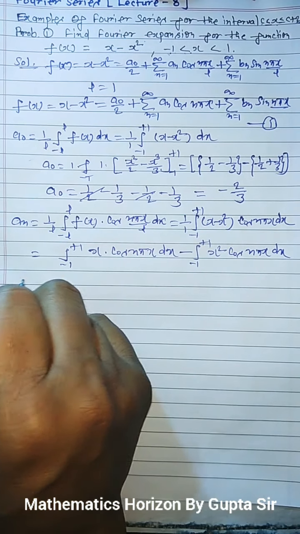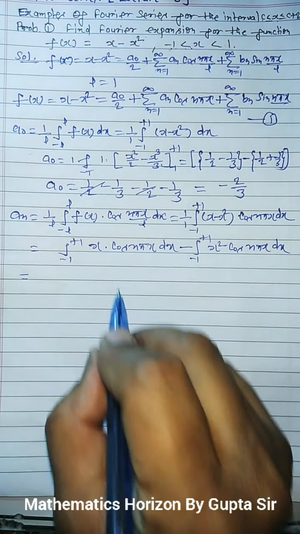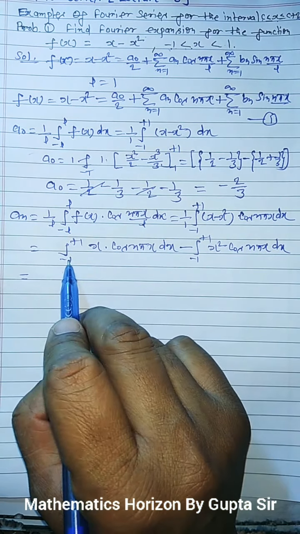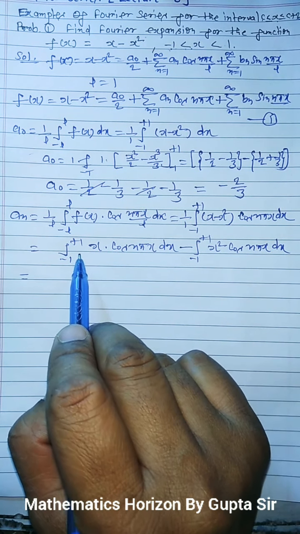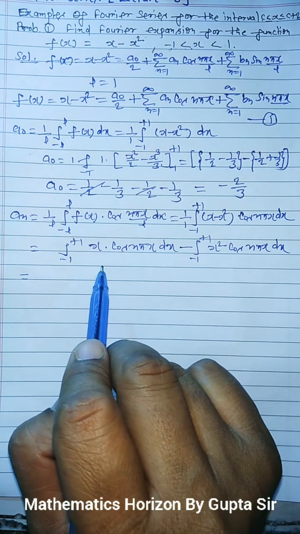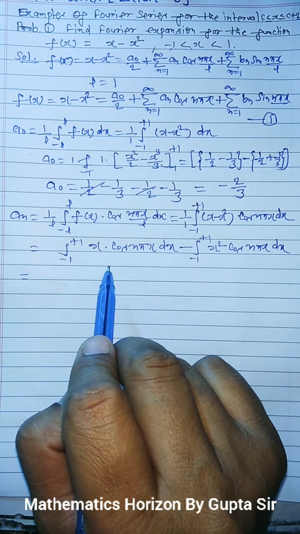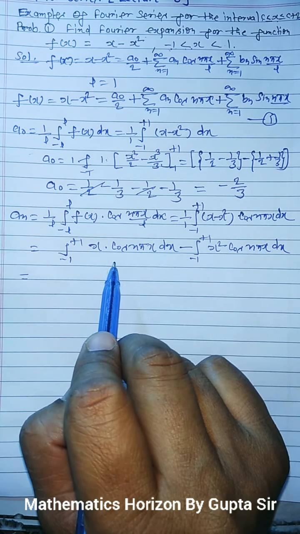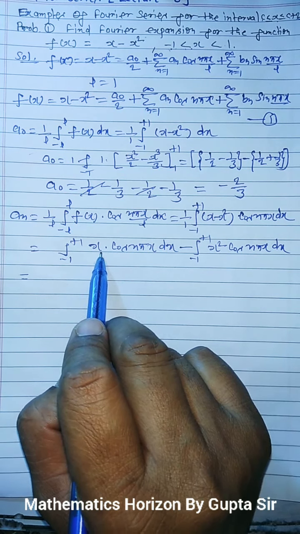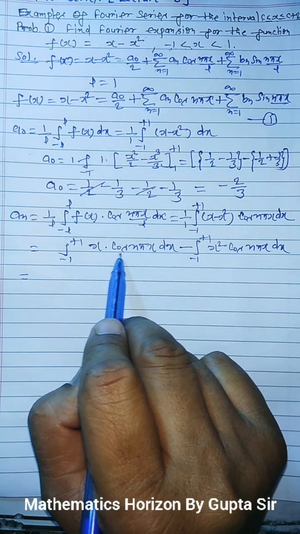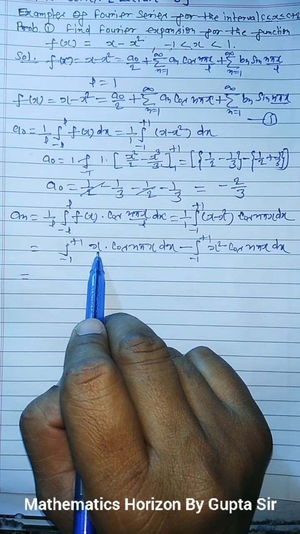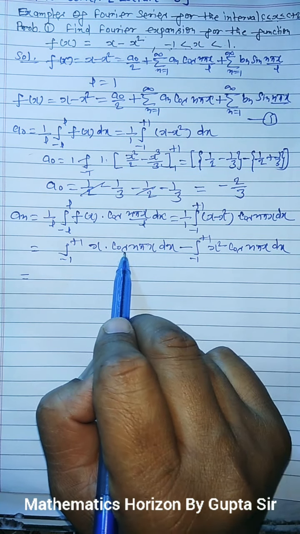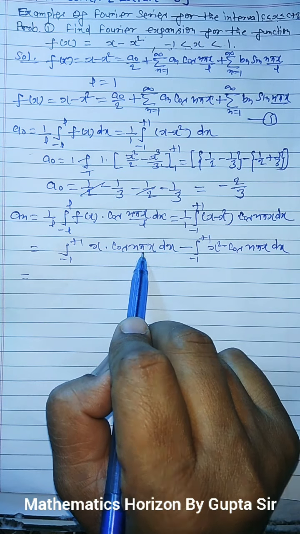Now in the first integration, the limit is minus a to plus a, which means minus l to plus l. Now we check the function. Suppose this is the function. Here x is an odd function and cos n pi x is an even function.